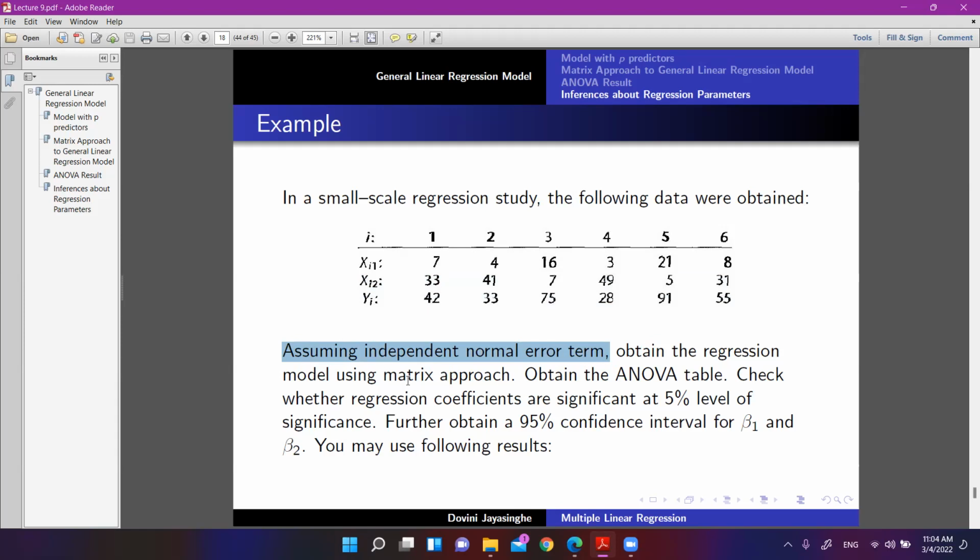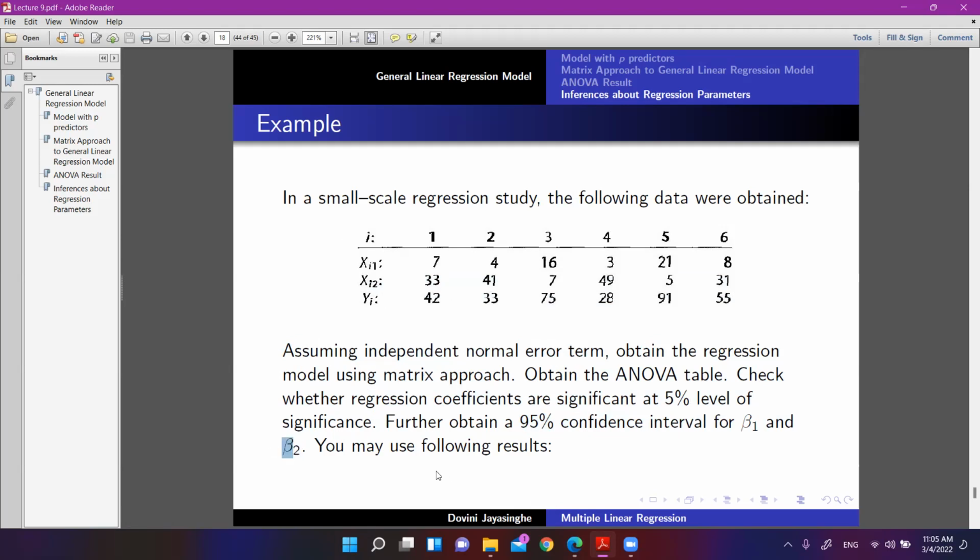Obtain a regression model using matrix approach. Now you have to define the y vector, x matrix. Obtain the ANOVA table. Check whether the regression coefficients are significant at 5% level of significance. Further, obtain 95% confidence intervals for beta 1 and beta 2.